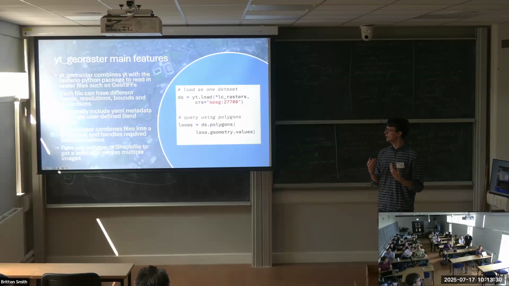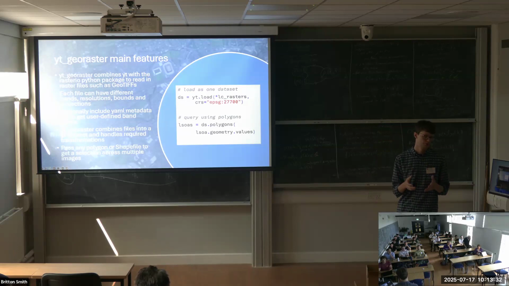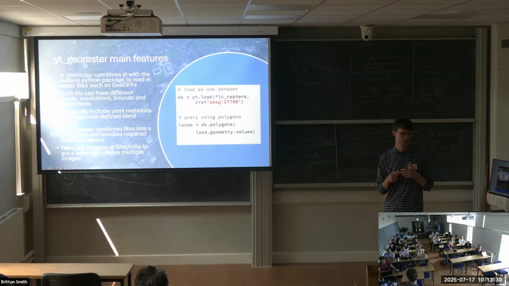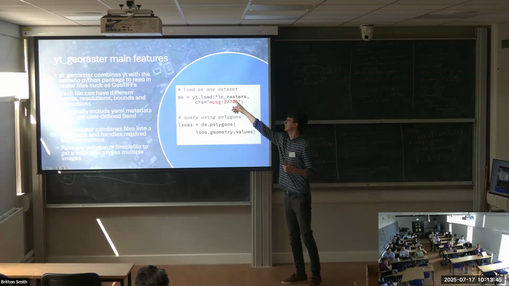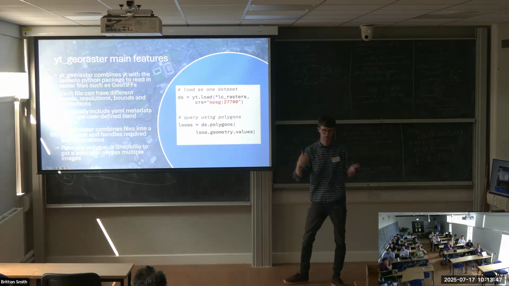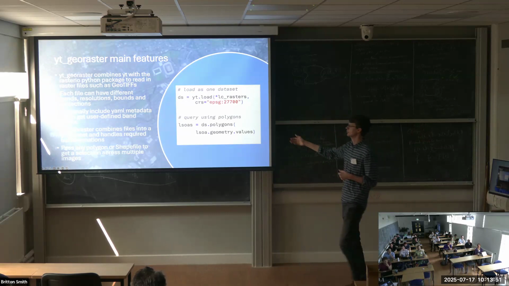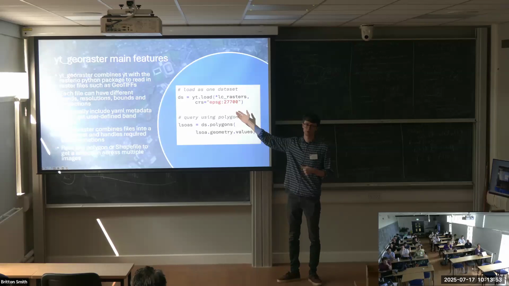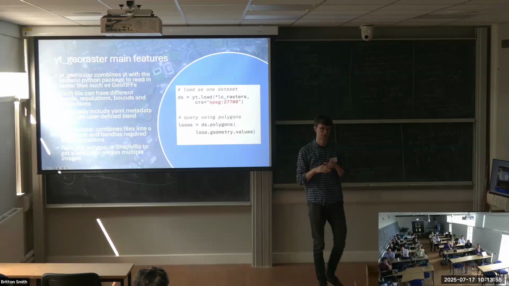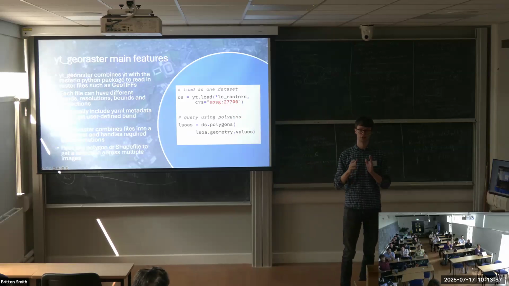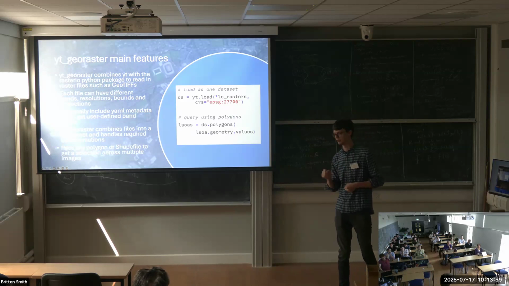Users can provide the data that they're interested in analyzing over their area of interest. They can pass YT georaster a series of files. In my line of code here, I've got this list of files that I'm just passing to yt.load. And then I can tell it the coordinate reference system that I want to use, or I could simply not provide that, and it would just assume it from the first file that it reads in.